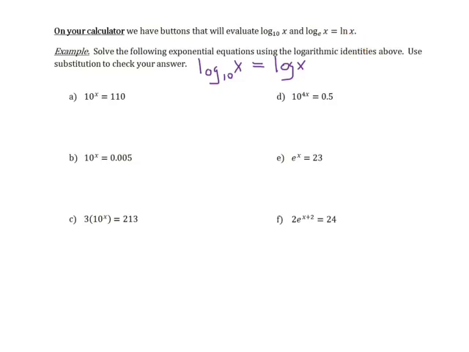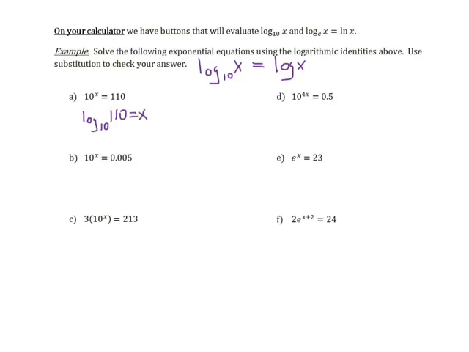Let's see how we use that real quickly, using the definition of a logarithm. Here we have an equation, 10 to the x equals 110. This is just asking, what is the power we put on 10 to get 110? That's basically saying we're looking for the log base 10 of 110.